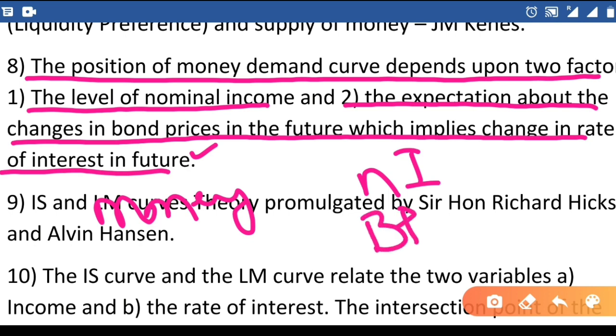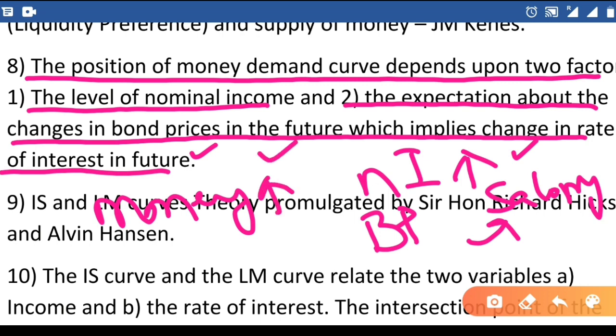Nominal income is nothing but the fixed income we are getting. For example, if our salary increases, we keep more money at home. That's why money demand increases.